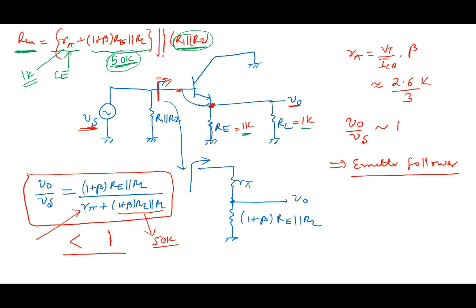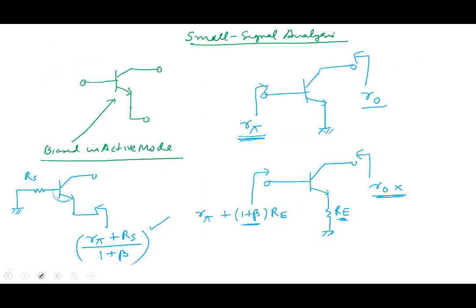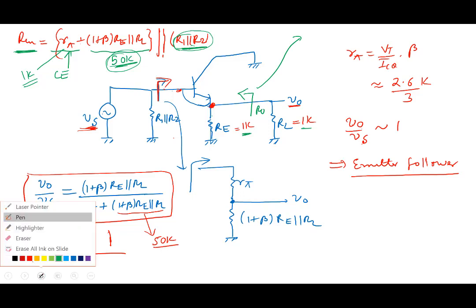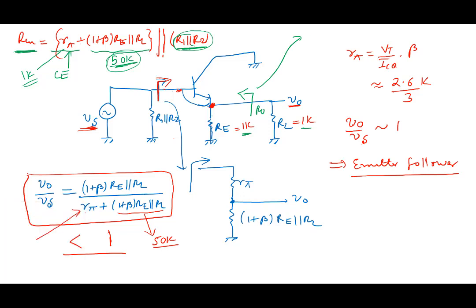Now same if you look at R0. R0 is resistance looking from here. If you just go back and look at this, resistance looking from here, use this result. If you use this result, R0 we can write as RE parallel R pi by 1 plus beta.